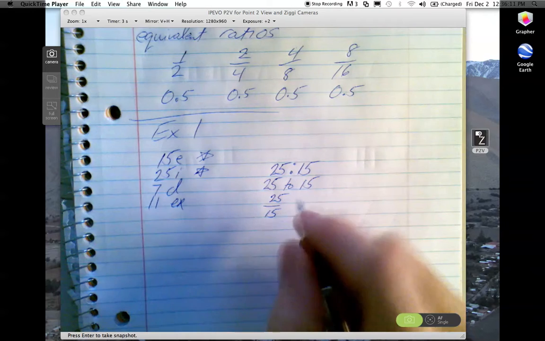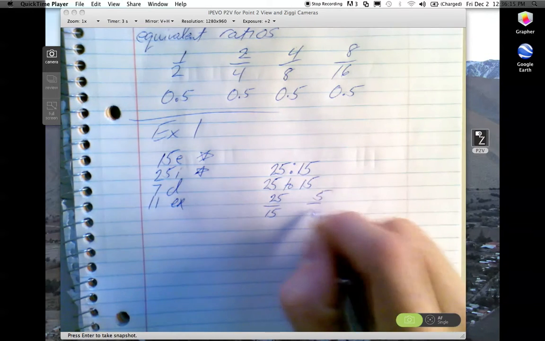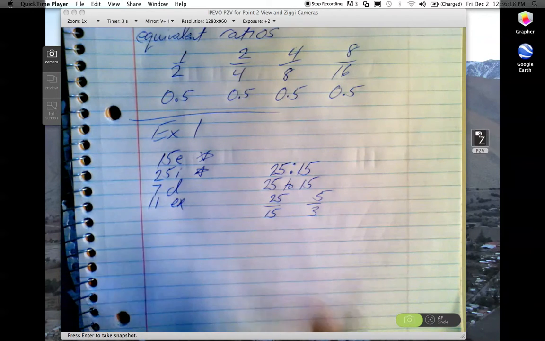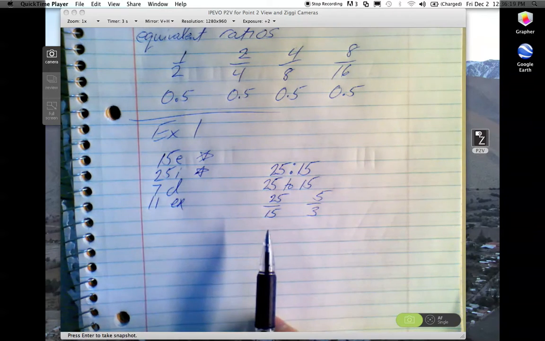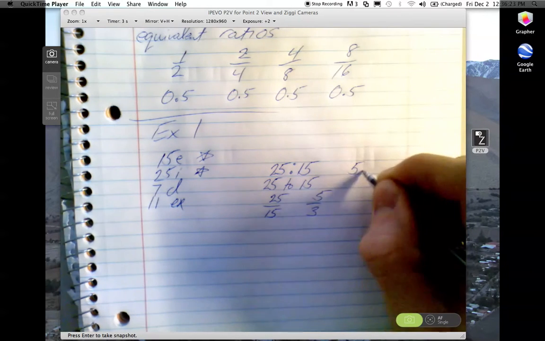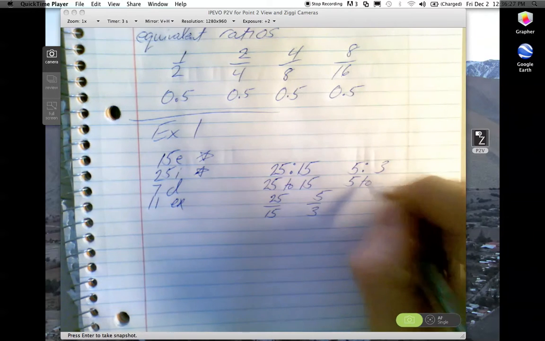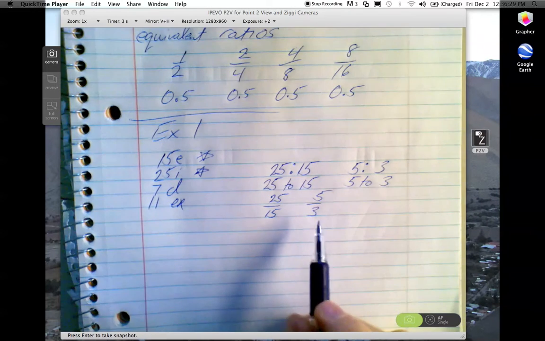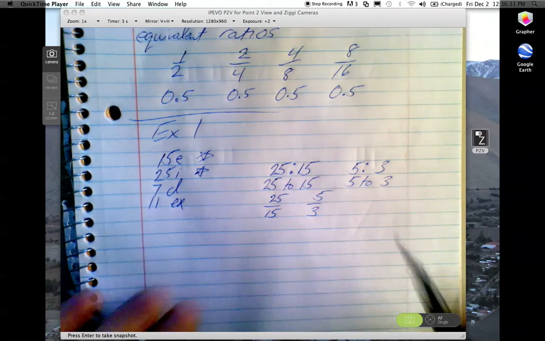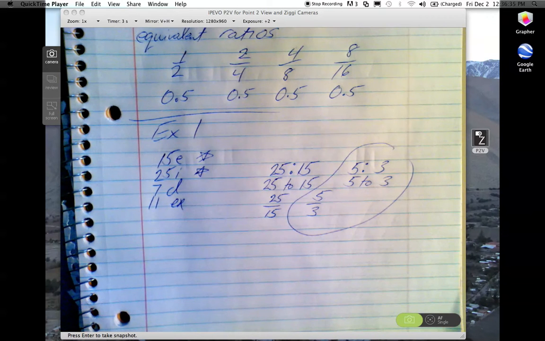Let's factor out the 5. 25 over 15 is the same thing as 5 over 3, correct? That would be an equivalent ratio. It is equal to it. So, we can actually rewrite these up here as well. 5 colon 3, 5 to 3, and then 5 divided by 3. So here is going to be our answer on this one.